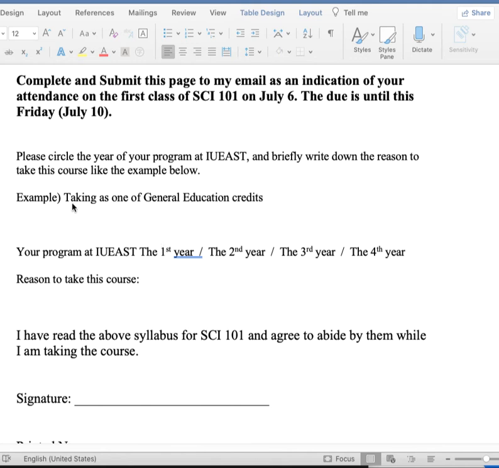For example, just taking this course as one of the GE program, or some students are taking this course as a prerequisite for the nursing program, or some students are taking this course to transfer to a 4-year college. Whatever the reason, you just briefly write it down.